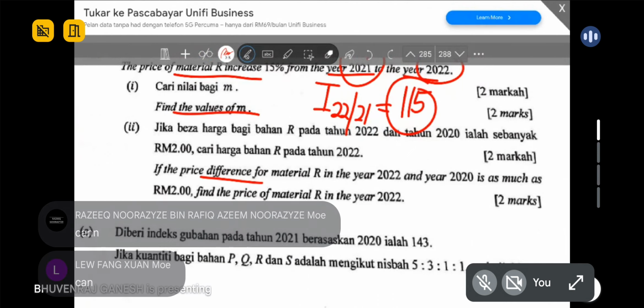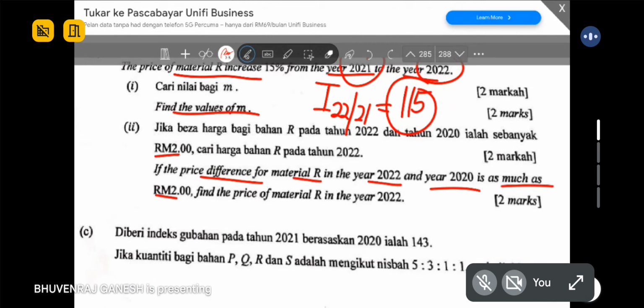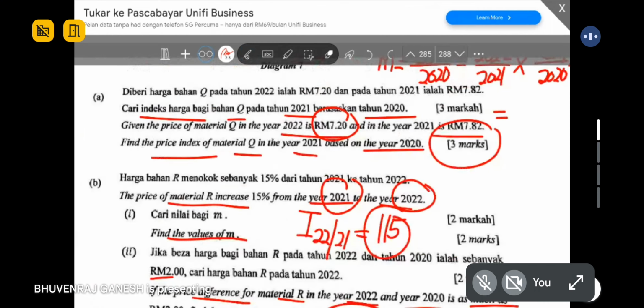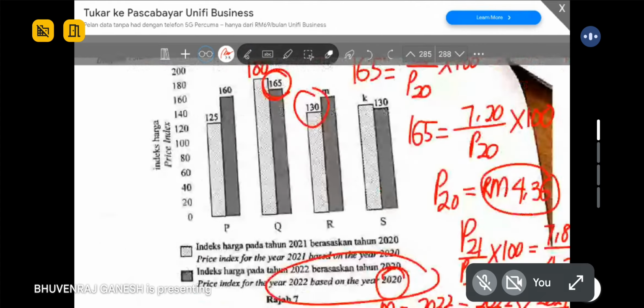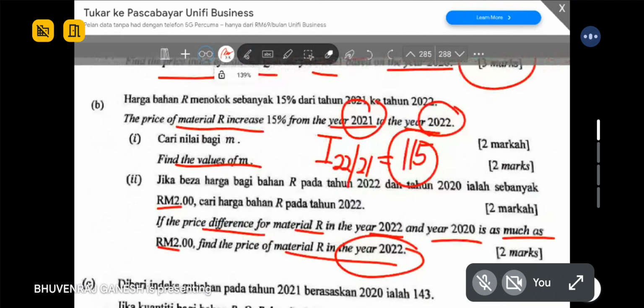So they say the price difference for material R in 2022 and 2020 is as much as 2. Beza dia 2 lah. And they want you to find the price in 2022. So shouldn't be that tough. P2020 untuk R kita tak ada. No information. So you can use the index lah.